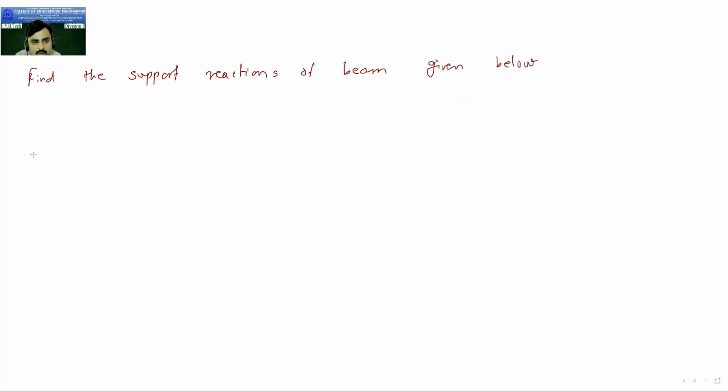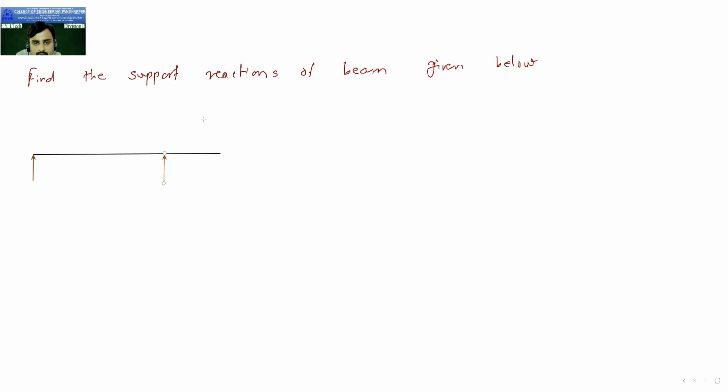The beam is, again overhang beam is given. Here is one support. So this is support at point A. This is the support at point B.